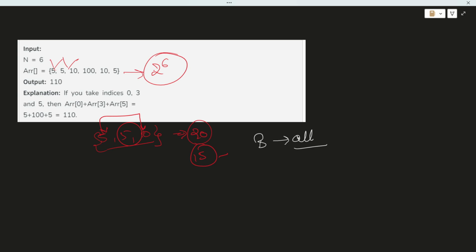So we can't go with that. What we can use over here is recursion, but in an optimized way. Moreover, this is a question of greedy approach, right? So I can use greedy rather than DP. It is more of greedy. Okay, so let us do the question.